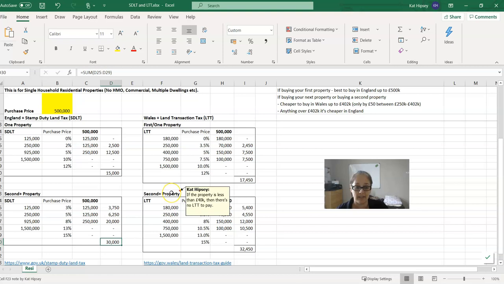However, there is a caveat: if the property is £40,000 or less, there is no land transaction tax to pay. This is why buying houses that are in need of a great deal of refurb in Wales is highly sought after, because there's either no or very little tax to pay on that.